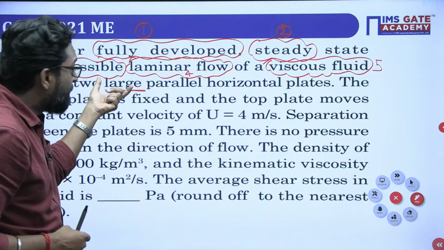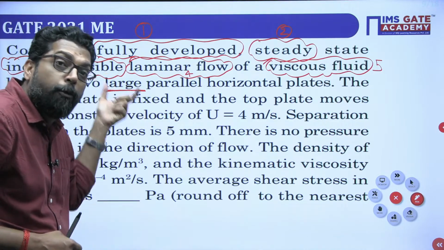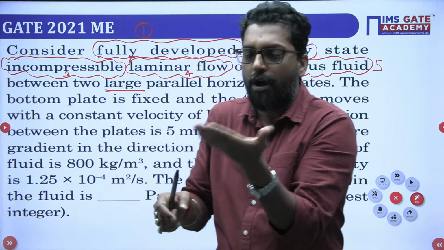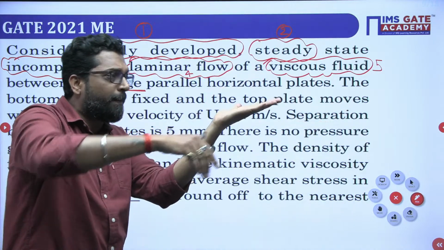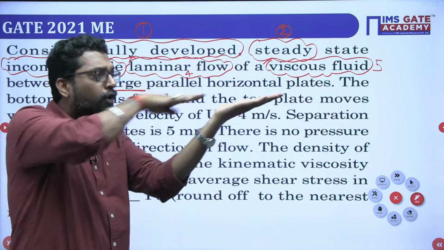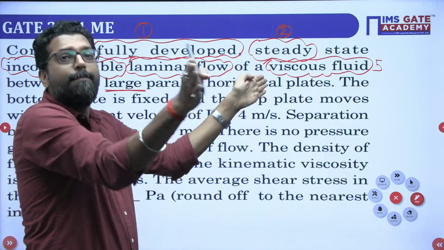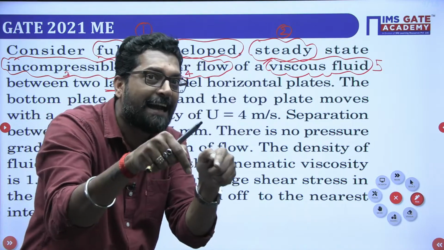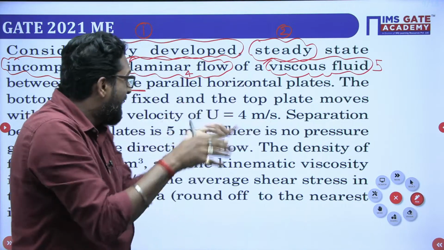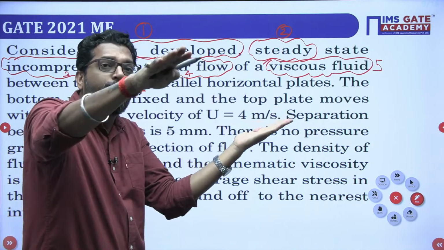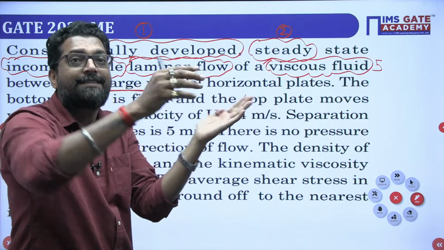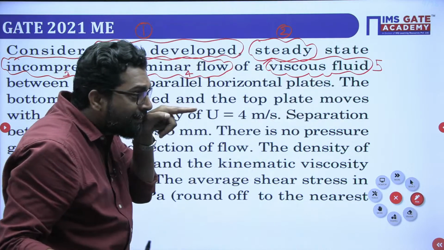So what does that mean? The fluid is flowing in a single direction. You may think that since there is a plate and another plate, the fluid may flow in the lateral direction also, but don't think like that, because the plate is large. The width of the plate, the dimension perpendicular to the flow direction, is very large compared to the length.